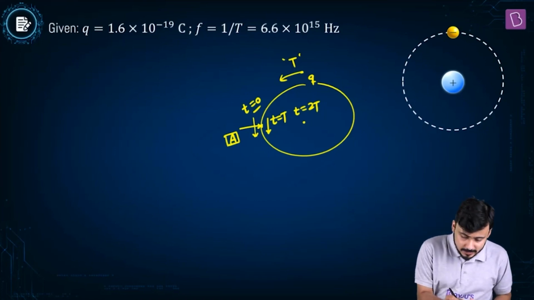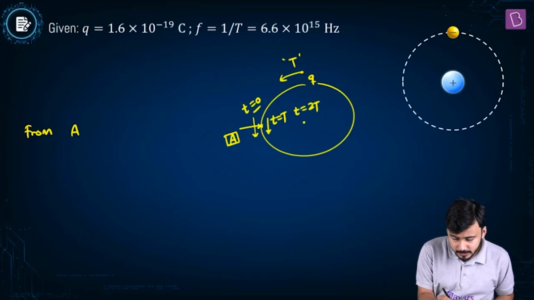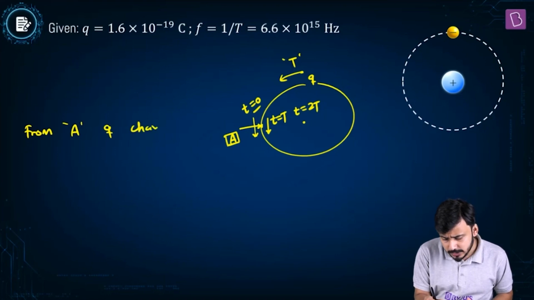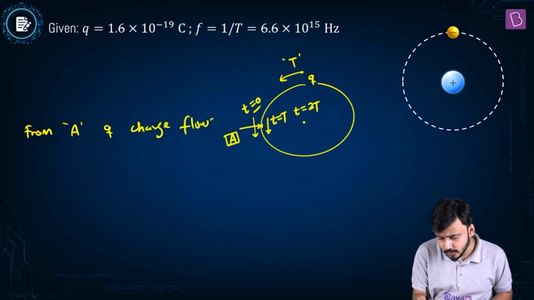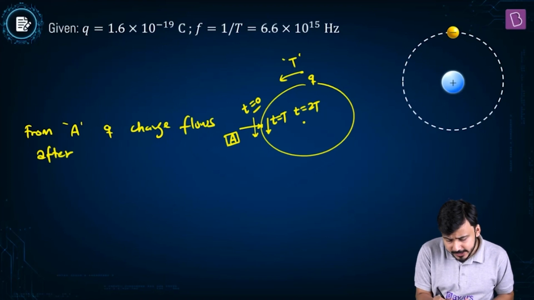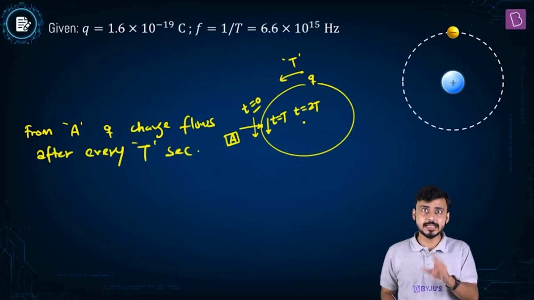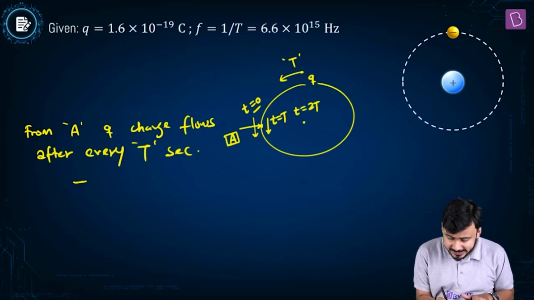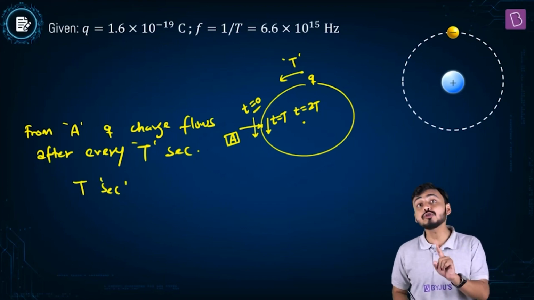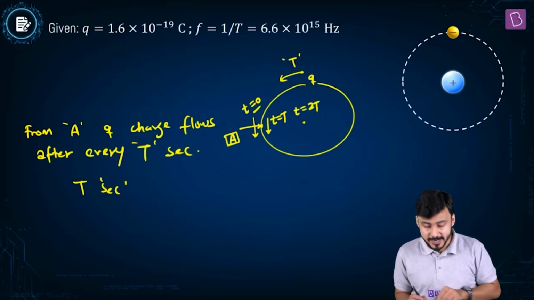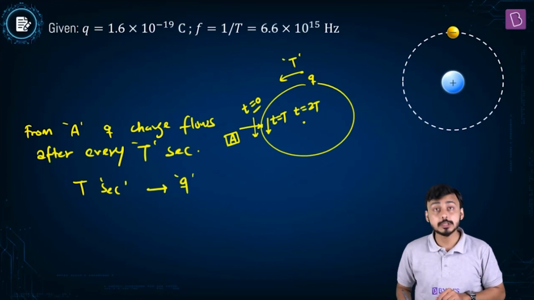So from A, what do I write? From A, Q charge flows after every T seconds. Do you agree with that? Yes. So in T seconds, the amount of charge flowing from a particular point is Q coulomb.